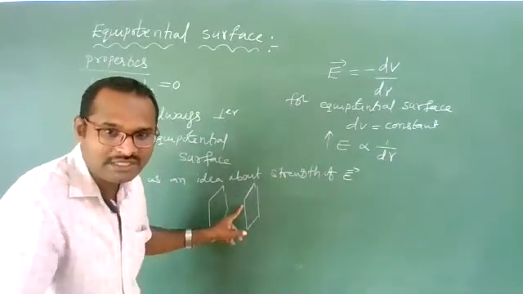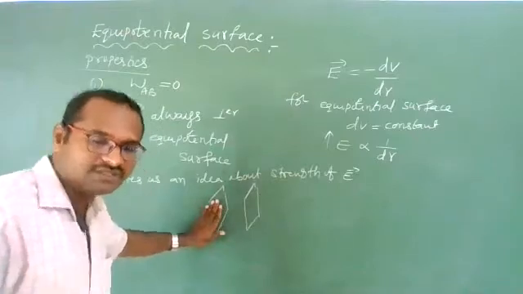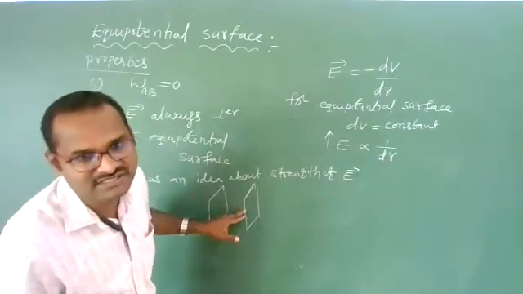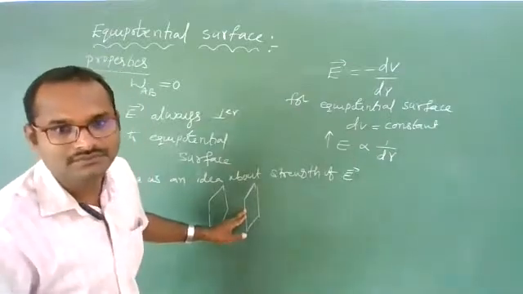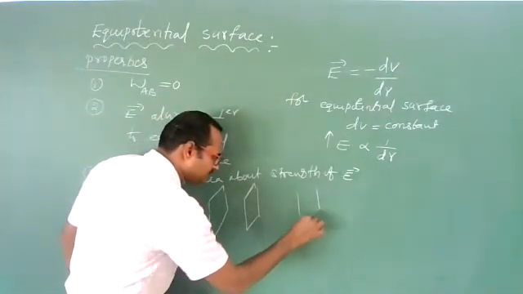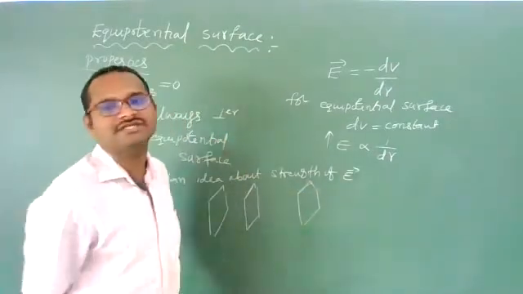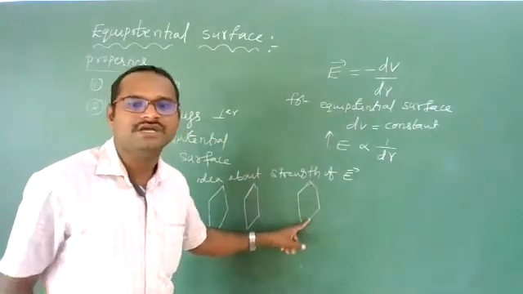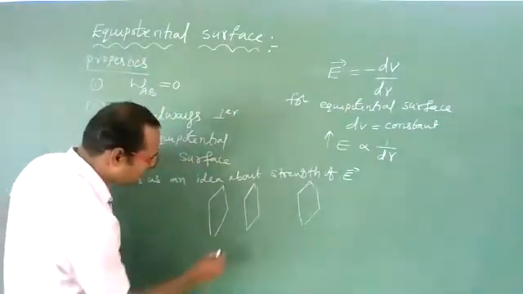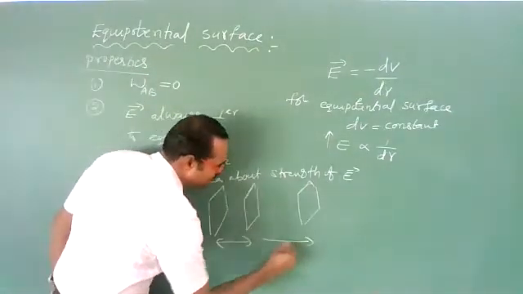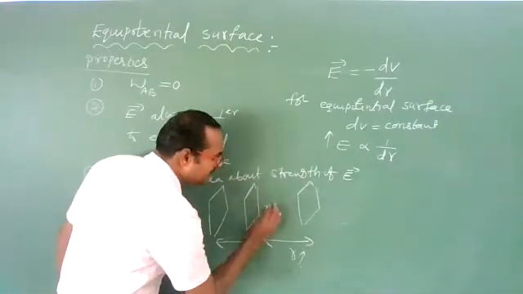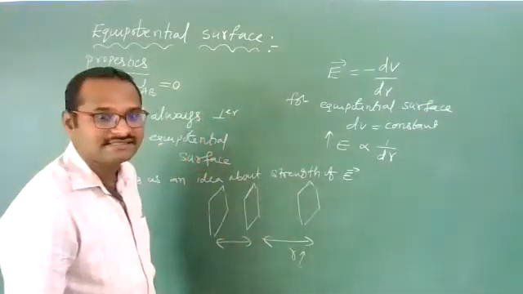Are you getting what I am saying? This total surface has the same potential, and this total surface has the same potential, but the potential of this surface can be different. If I take one more equipotential surface, at each and every point on this surface the potential is the same. Now see the separation between these. As this r value is more, the electric field strength is less here.